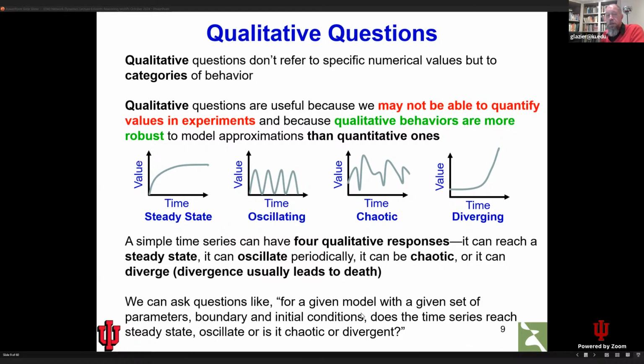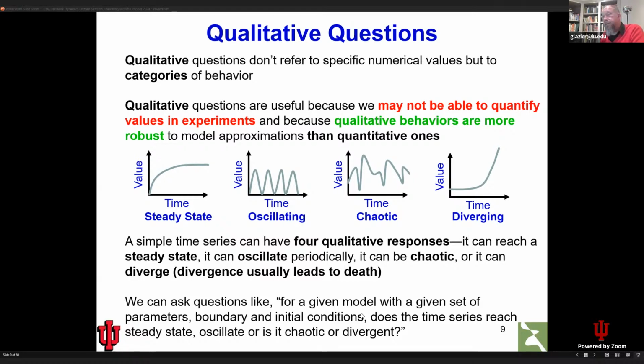But we can certainly ask the question, if we have a given model structure and a given set of parameters, a given set of initial conditions and boundary conditions, does the time series reach a steady state? Does it oscillate periodically? Is it chaotic, or does it diverge?